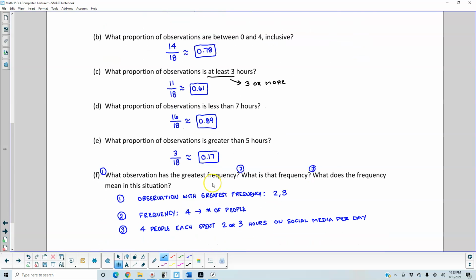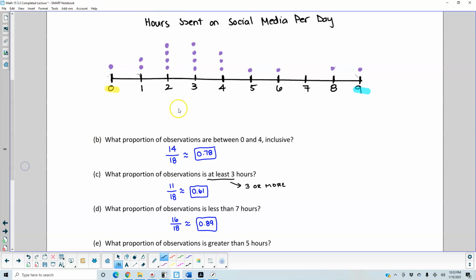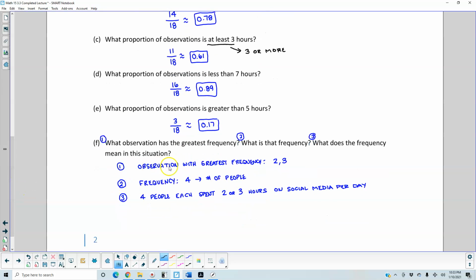In part F, it says, what observation has the greatest frequency? By looking at the dot plot, which numbers have the highest dots? Well, if we look, 2 and 3 have the same. So the observations with greatest frequency are 2 hours and 3 hours.